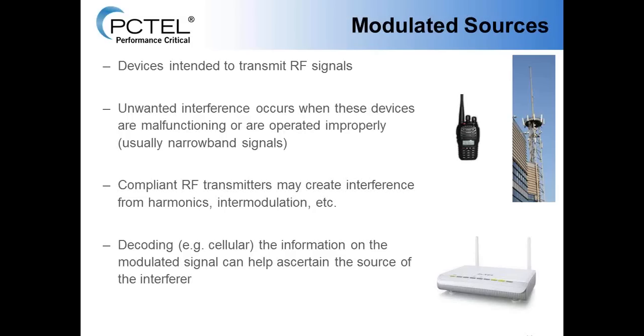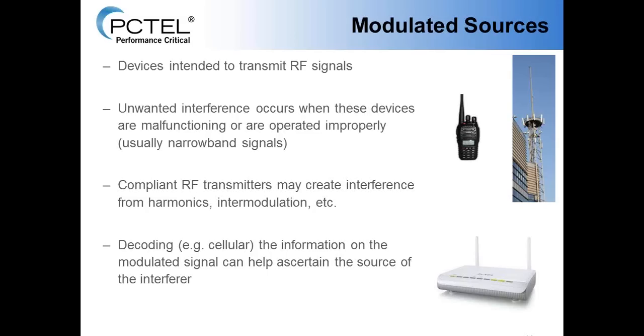Moving to the next slide, I want to now talk about unmodulated sources. These are sources of interference that, again, are created by electronic devices, but they actually create unintentional RF signals. These can be split up into two separate categories: one can be continuous noise, and another category can be impulse noise.